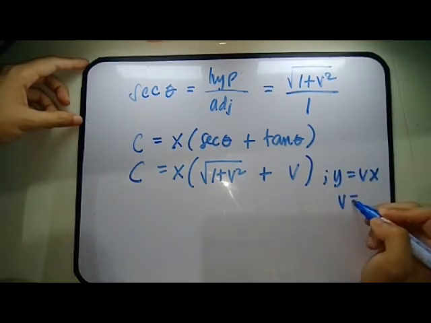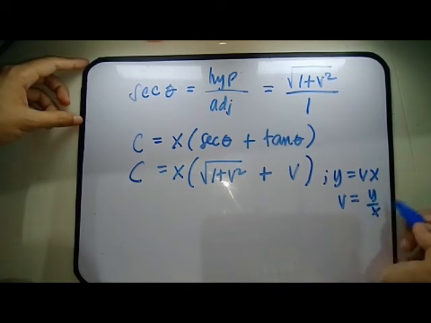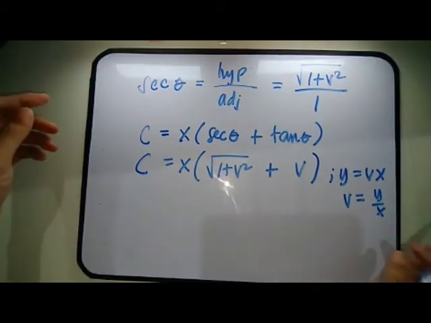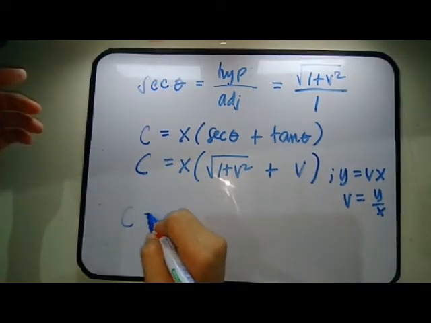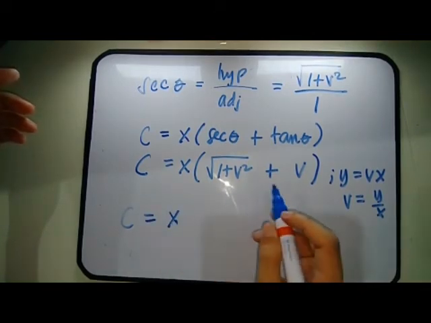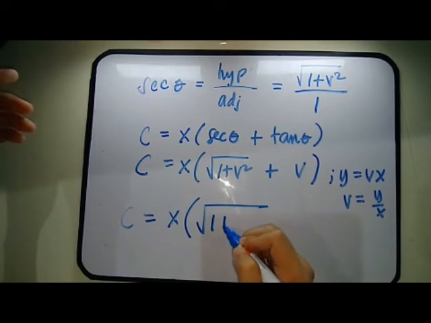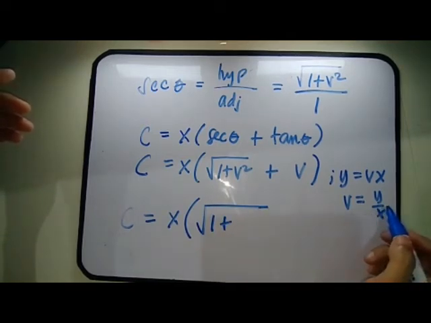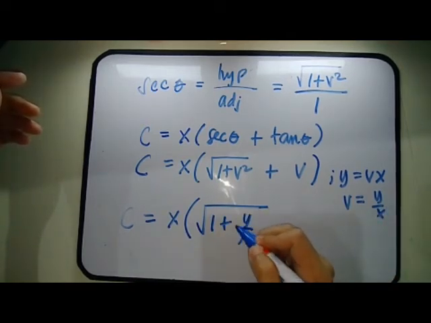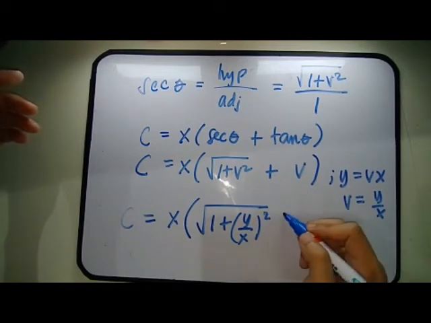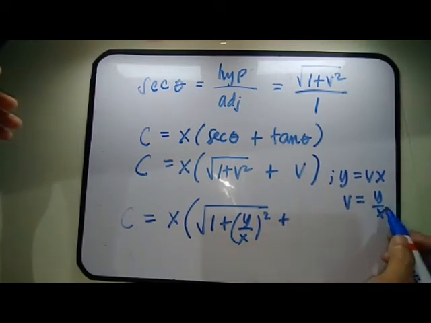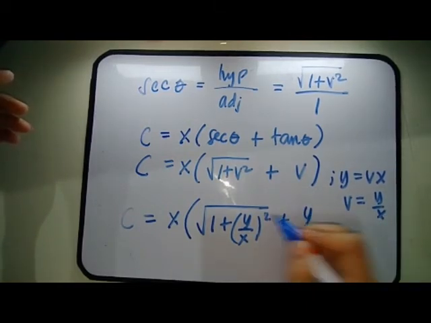Therefore, v equals y all over x. So, babalik natin siya dito. So, here guys, we have c equals x times the quantity, square root of 1 plus, so v is equal to y all over x, so y all over x squared, plus v natin is y all over x.